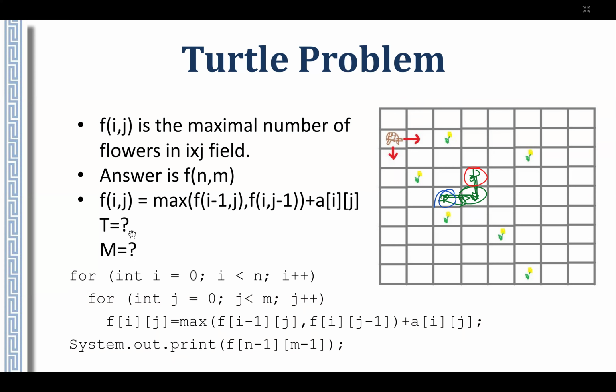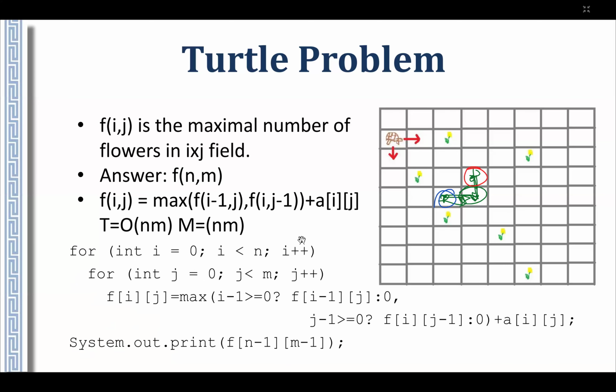You can see here that we have two nested for loops, with one of them with n steps, another one with m steps. So totally the time complexity is n times m. At the same time, the memory complexity is also n times m because we have this matrix F that should store all values for F[i][j], n times m cells.